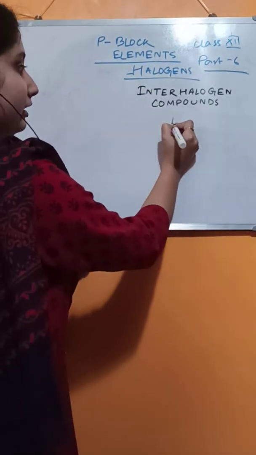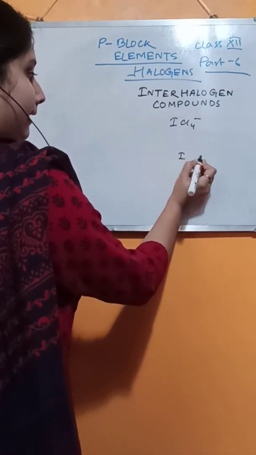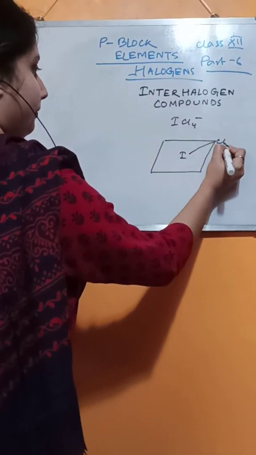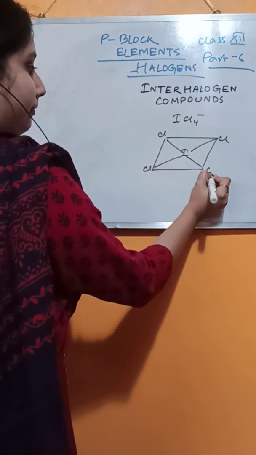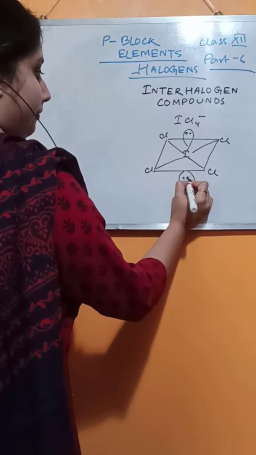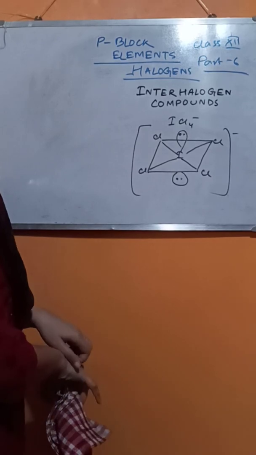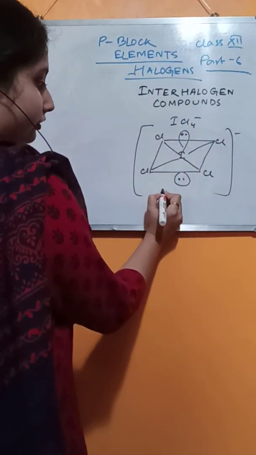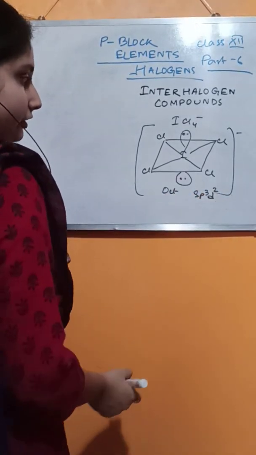Now let's come to the last molecule, ICl4 minus. In ICl4 minus, you can see that the ideal structure will be octahedral with sp3d2 hybridization.